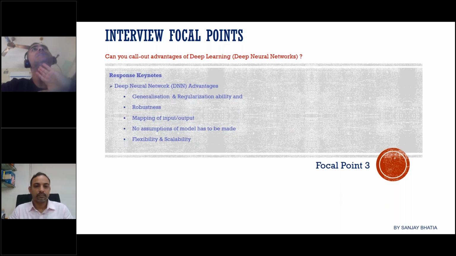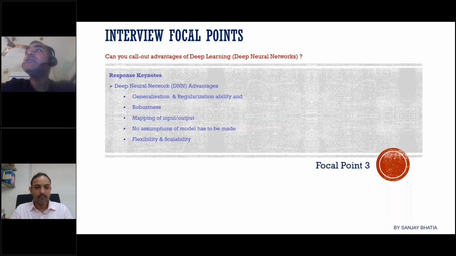But once you settle on one particular architecture, which is finally used for your prediction or forecasting problem, the parameters or coefficients of the model are not expected to change that much.